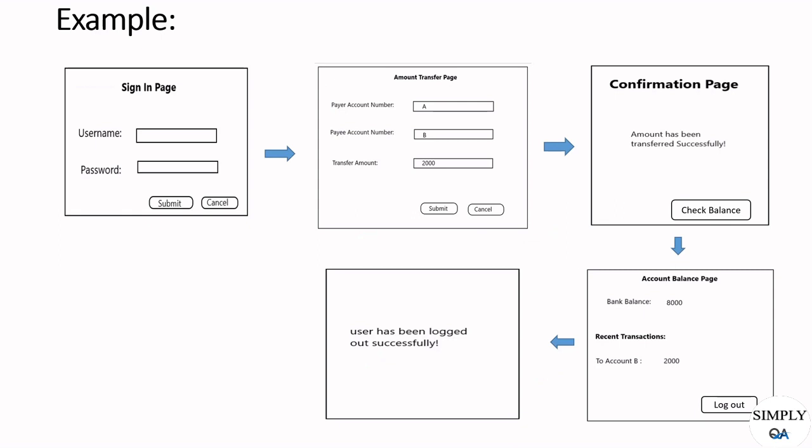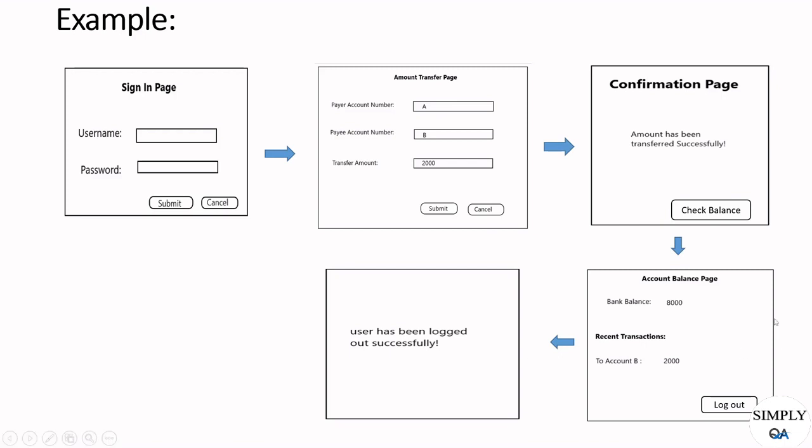That is, you're testing the process from the sign-in page to logout, right? For example, here you have given the username and password, and you have entered the application. Here you have entered the from account, the to account, and the transfer amount, and you have transferred the amount. Once the amount is transferred, you will be navigating to the confirmation page, that is, the amount has been transferred successfully.